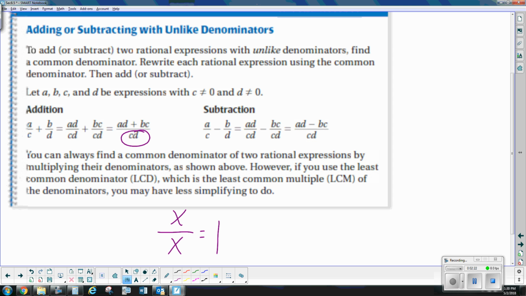And when you multiply fractions, you multiply the numerators and you multiply the denominators. So in these next examples, we're going to look for what's called the least common denominator. You're going to have to factor your denominators and look for any common terms, and then whatever you have to multiply those common terms by in order to get common denominators.